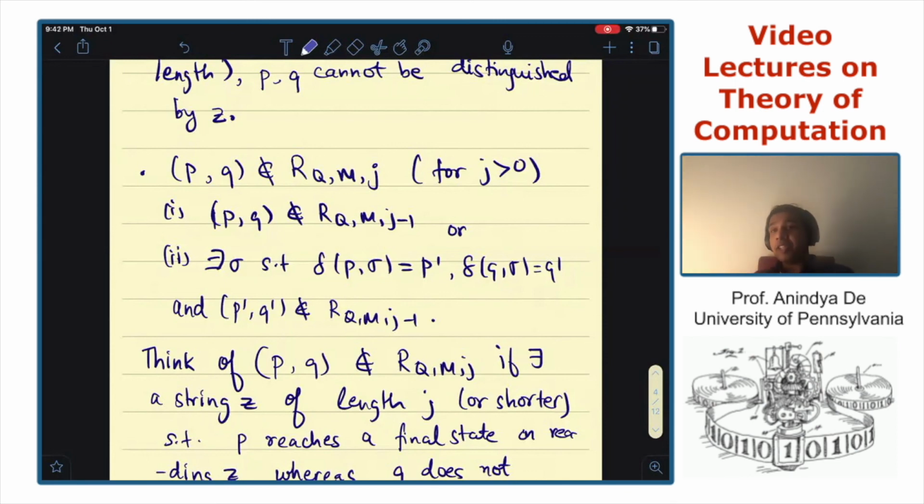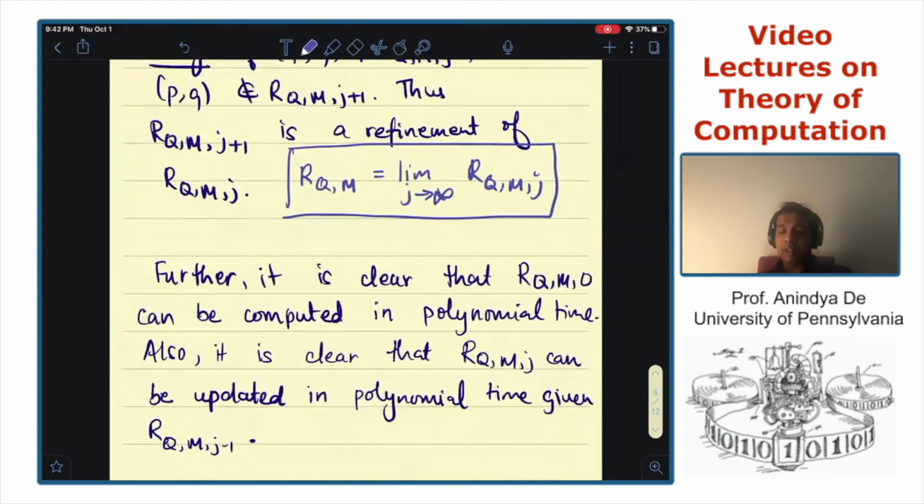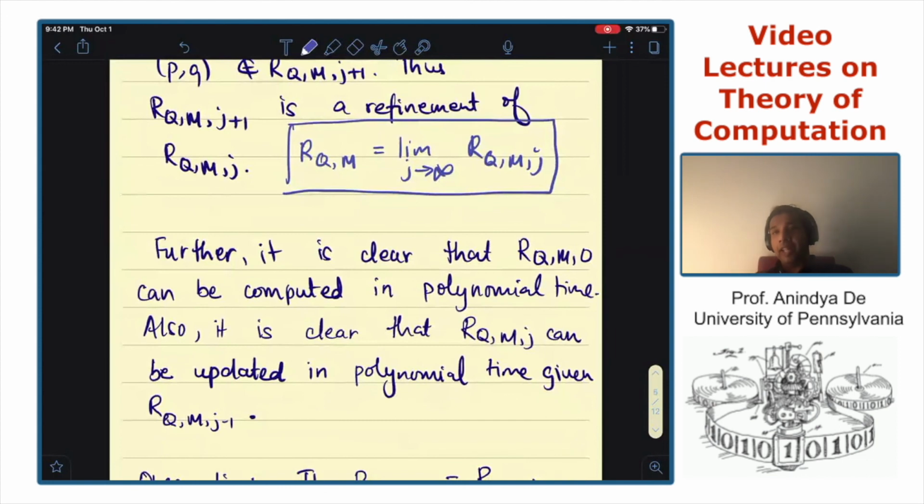And then for each of these things, you can check whether either condition 1 or 2 holds. Then that means that if you have been given R_{Q,M,j-1}, you can obtain R_{Q,M,j} in polynomial time. So given R_{Q,M,j-1}, you can obtain R_{Q,M,j} in an additional polynomial time.